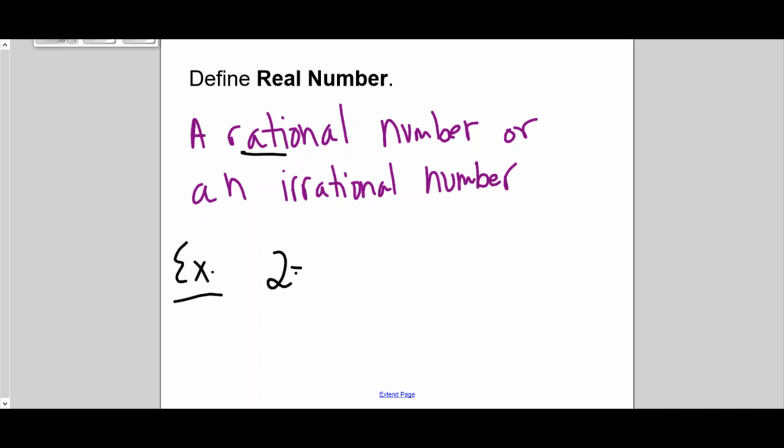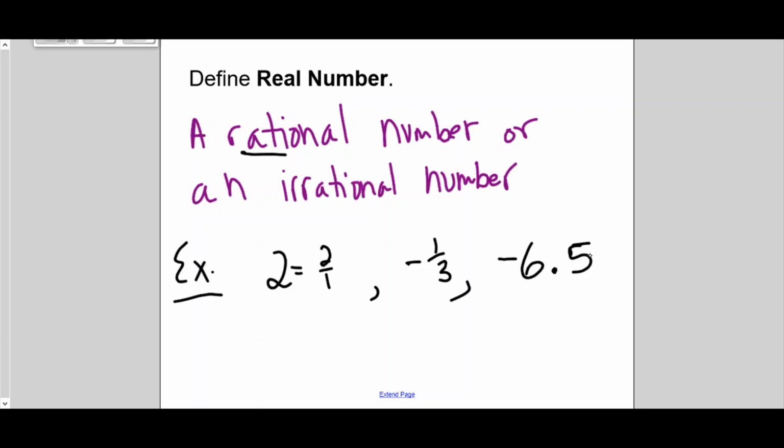So like, for example, 2 is a rational number because you could write that as 2 divided by 1. Another example would be negative 1/3. You could write that as a fraction. That is a fraction. So this is a ratio. And another example would be like a decimal. So like maybe negative 6.5. These are all examples of rational numbers.